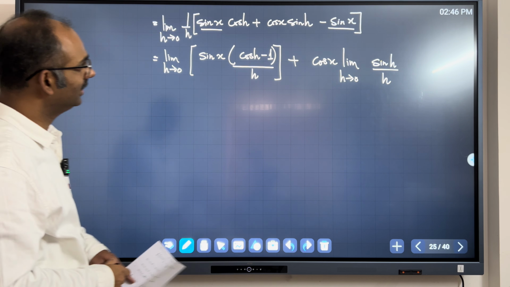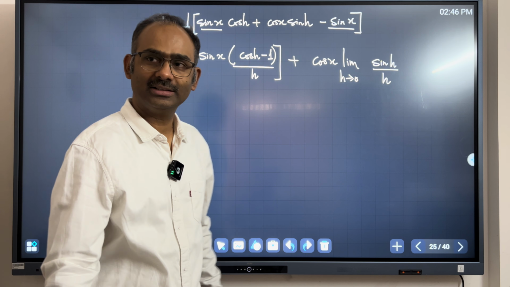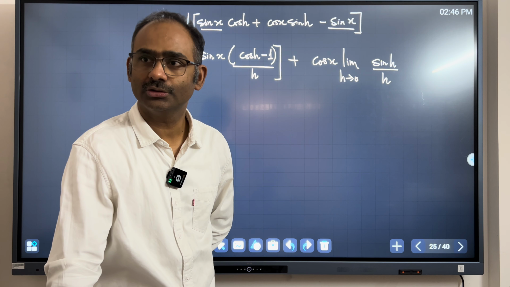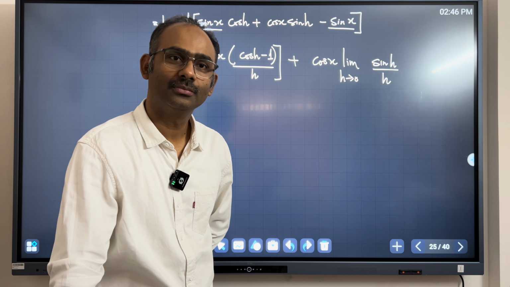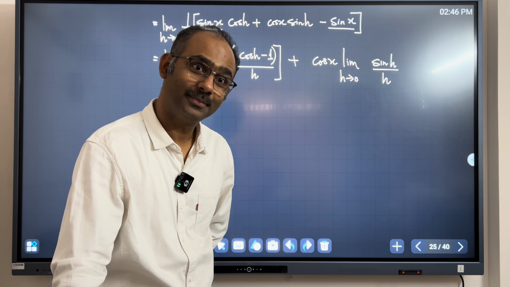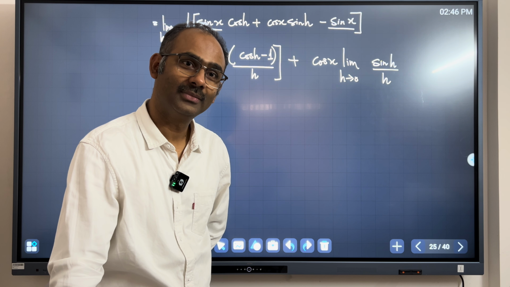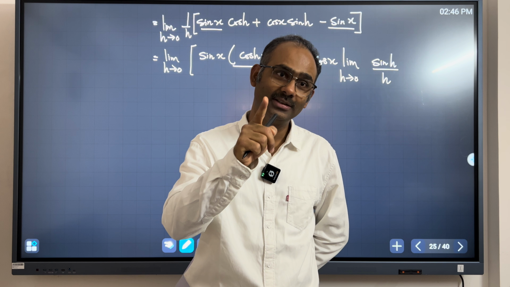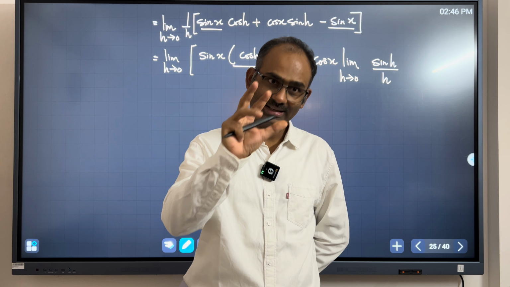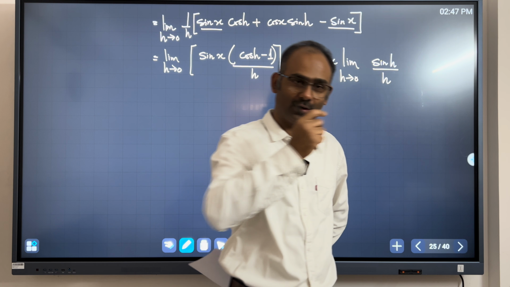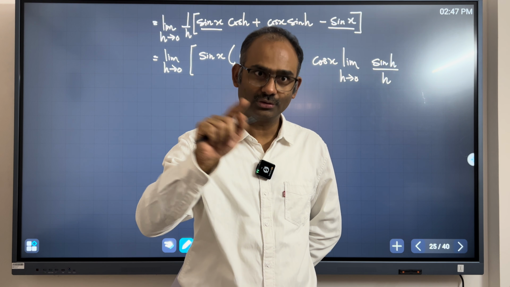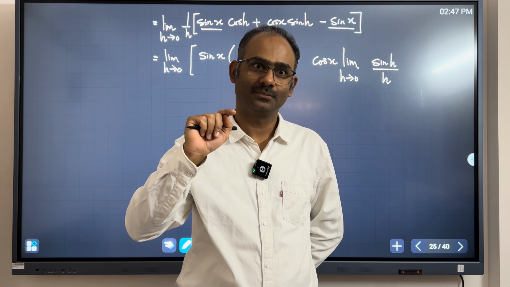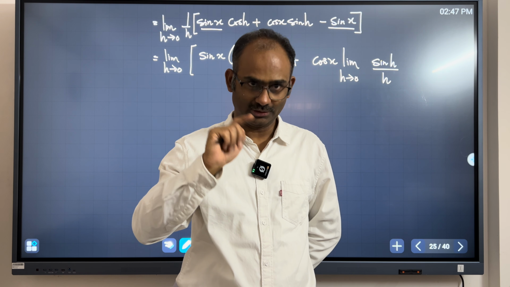So, do you remember what sine h over h is as h goes to 0? 0. Okay. What is the limit of sine of h as h goes to 0? Just sine of h, not the denominator. What is the limit of sine of h as h goes to 0? 0. Correct.